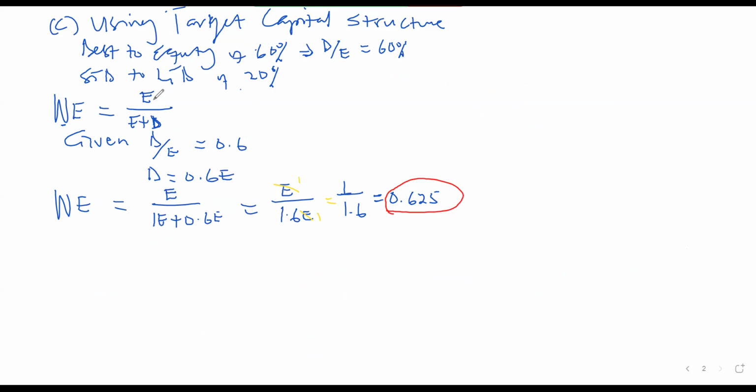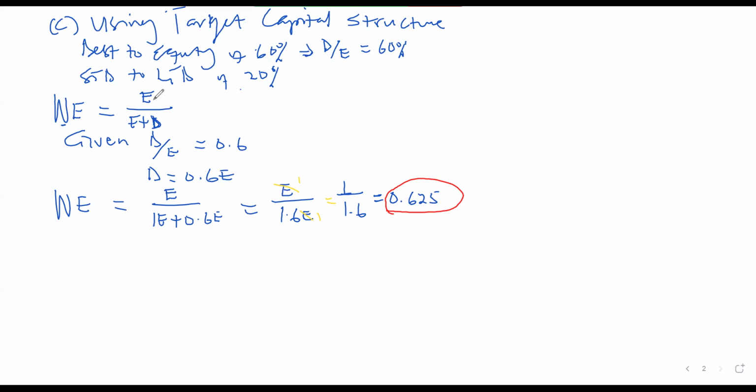Hello, sir. Please, I have a suggestion. Yeah, go on. They give us the debt to equity ratio. I don't know if you can also do it the way I'm suggesting. They give us debt to equity, which means the debt is 60. So if debt is 60, then equity is 100 based on the ratio, 60%. For us to get the weight, the D plus the E will be 160.